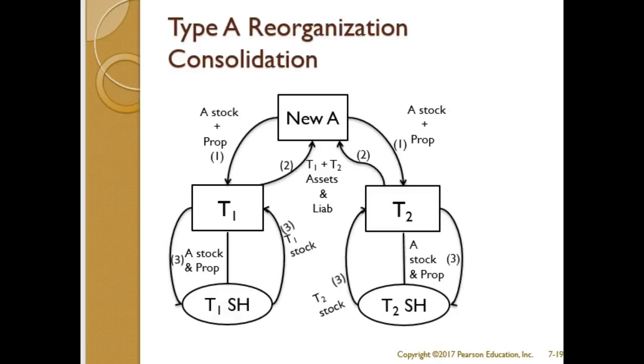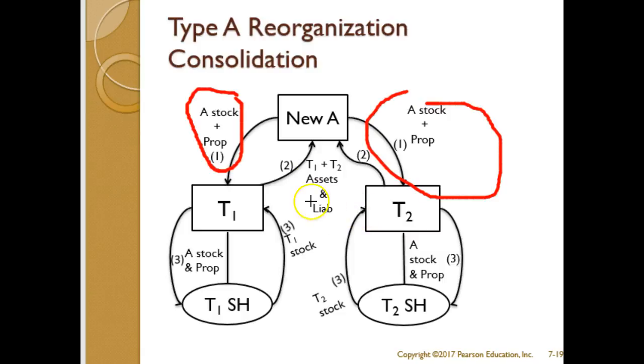Consolidation looks a little different here. So you can start with one here. So we have new A. So this is consolidation, two targets into one, right? We have A stock and property going to the target corporations, the assets and liabilities of both targets going into the new corporation. Then we have the A stock and property going to the shareholders, being redeemed by the target corporation for their stock.